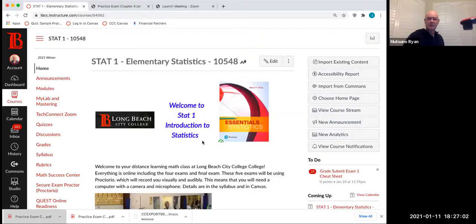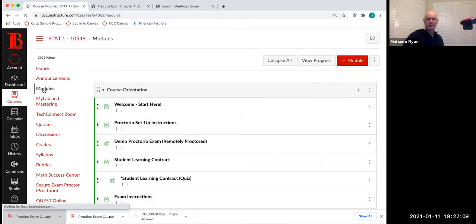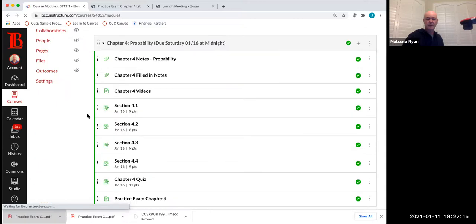And so I'm going to share my screen with you. So when you log into your Canvas shell, you're here, and where you want to go here is modules. And we'll give it a second. It kind of flashes for a second. There we go.